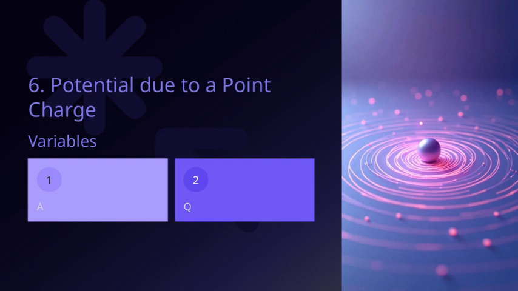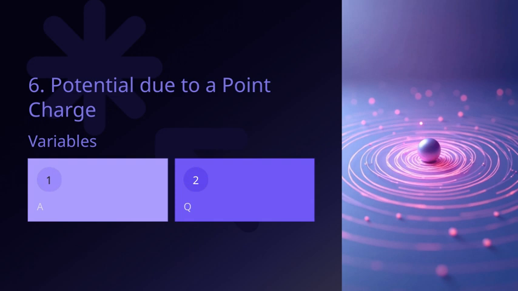Specifically, the potential V at a distance r from the charge Q is given by V equals K times Q divided by r, where K is Coulomb's constant. This concept is fundamental because it helps us understand how electric fields influence space around charges. It also forms the basis for more complex systems, like multiple charges or continuous charge distributions.